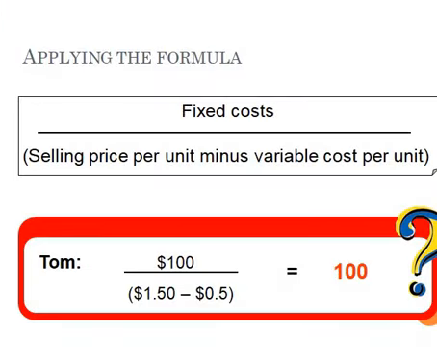So if I want to translate the results that I got when I drew the chart related to the break-even point into a formula, the formula will look like this. The break-even point equals the fixed costs over the selling price per unit minus variable cost per unit. Let's apply this to Tom's example.